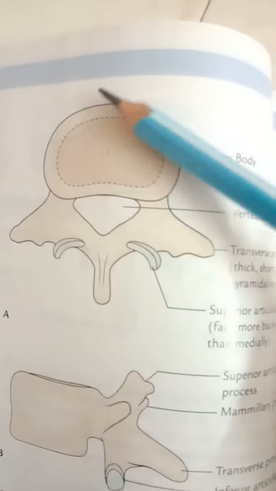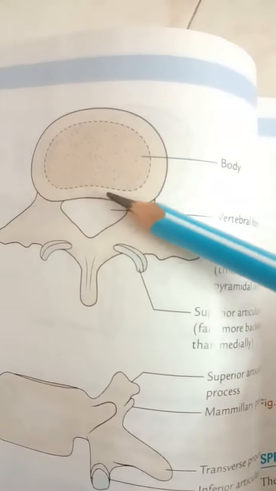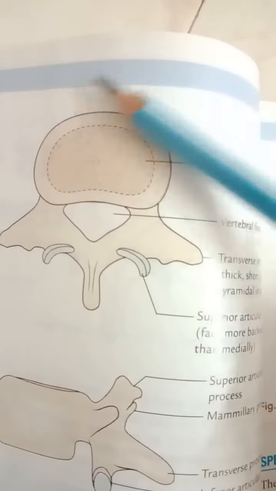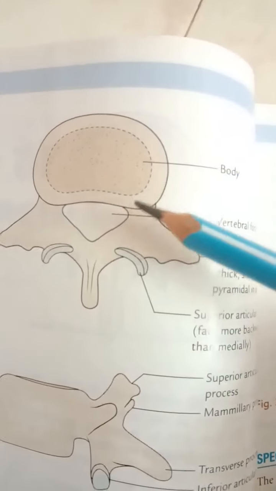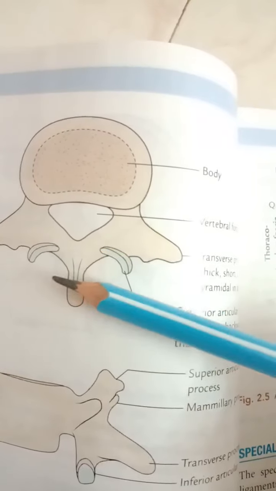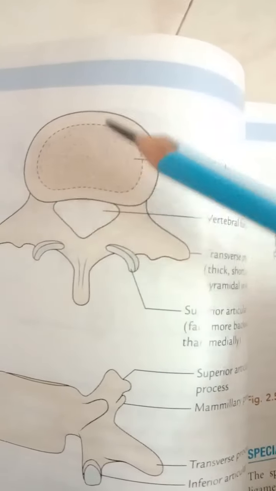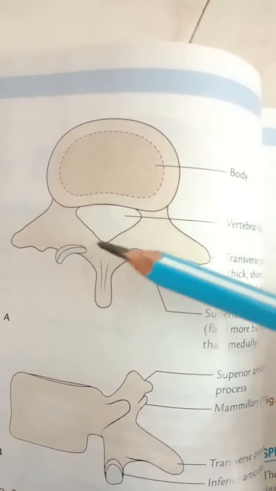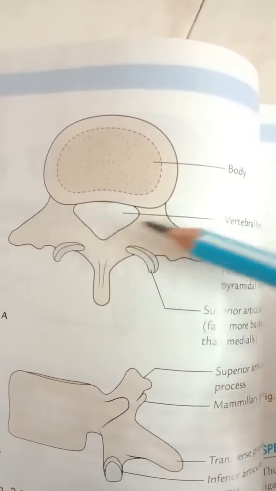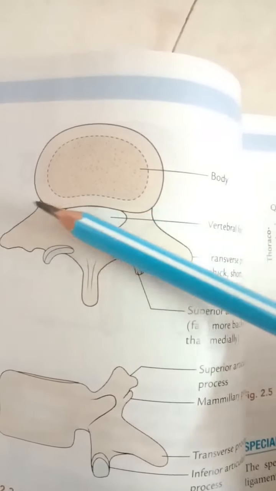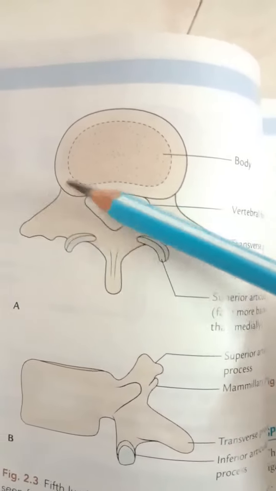Then the body. The body is the largest of all lumbar vertebrae, and its anterior surface is much deeper than the posterior surface, and this is responsible for the creation of the lumbosacral angle. Then the pedicles, this one. The pedicles are directed backwards and laterally.